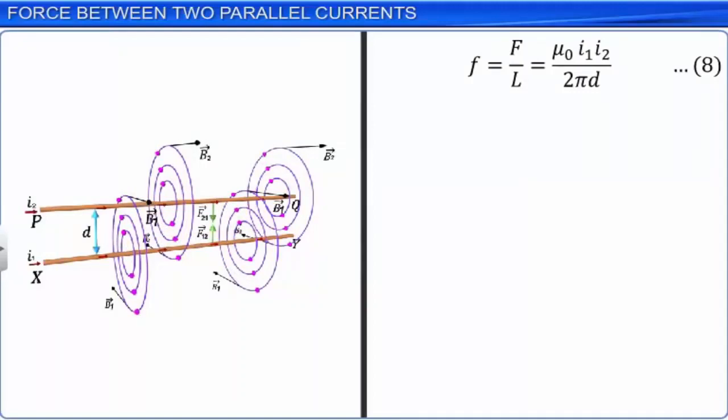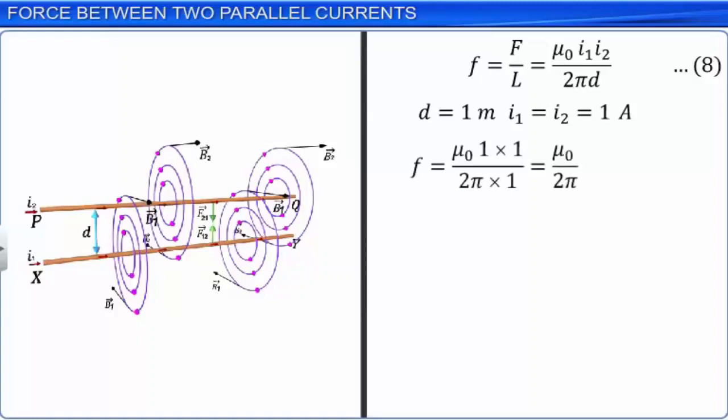Let the distance of separation between the conductors, d, be 1 meter. Let the current through the two conductors be 1 ampere. Then, the force per unit length becomes μ0/2π.